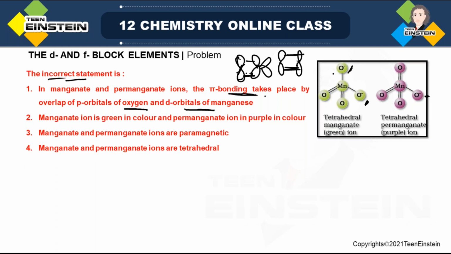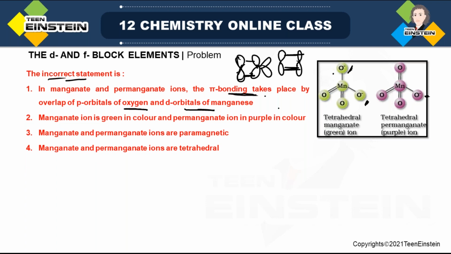Both are possible. So in this case, both sidewise overlap between p orbital and p orbital, and p orbital and d orbital, are present.